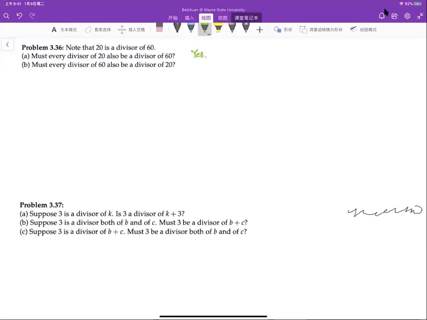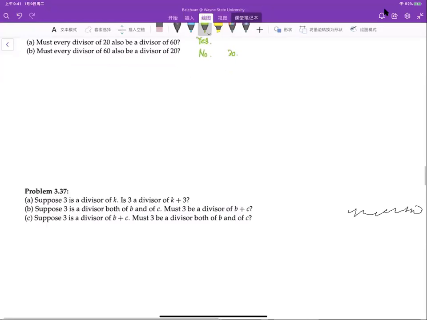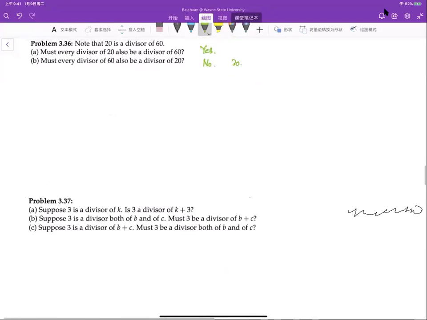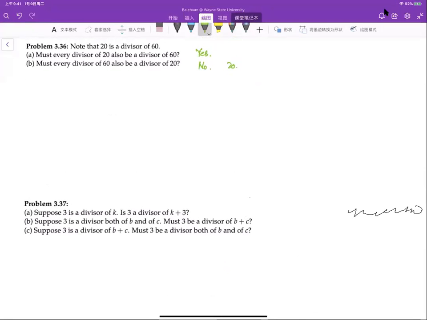Must every divisor of 60 also be a divisor of 20? No. For example, 30. 30 is a divisor of 60, but it's not a divisor of 20. Even though this fact is pretty simple, it's very helpful when you think about some questions.